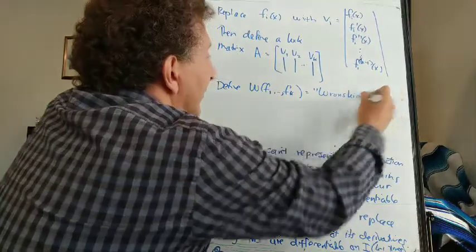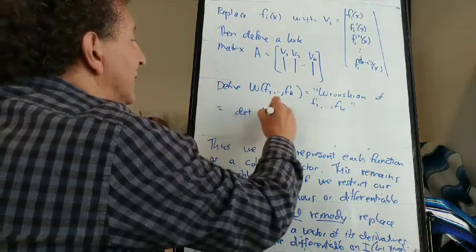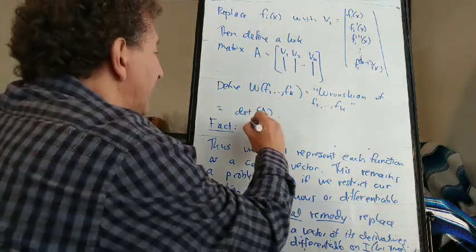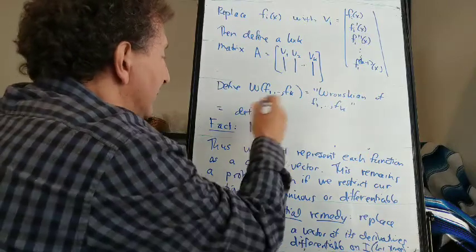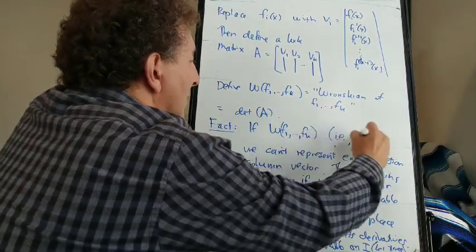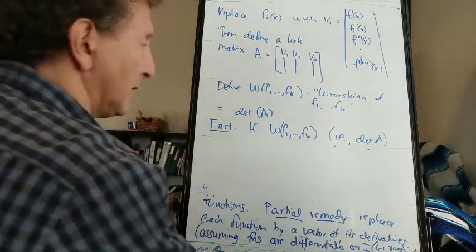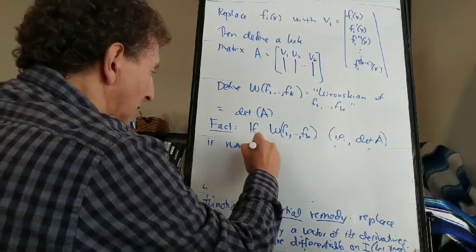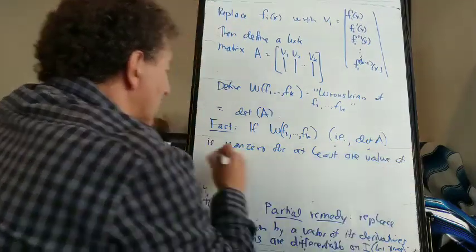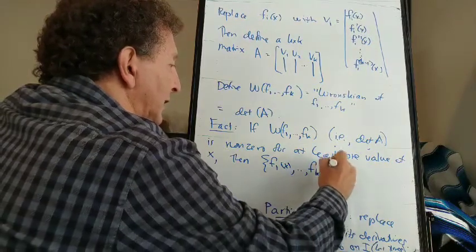So this is the Wronskian of f1 through fk, which is just the determinant of A. Then the fact is, if the Wronskian, determinant of A, is non-zero for at least one value of x, then that means that this set of functions is a linearly independent set of functions.